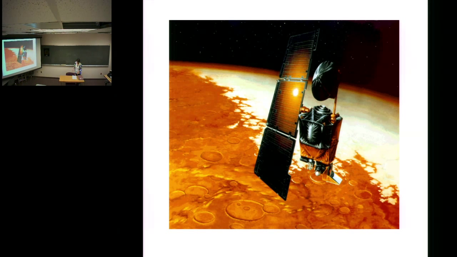This is Mars Orbiter. You can ask NASA about that. Did you guys hear about that? Yep, they burned up the Mars Climate Orbiter. What happened? Somebody forgot to put the units. There were two teams working on the Mars mission, and they were using different sets of units.